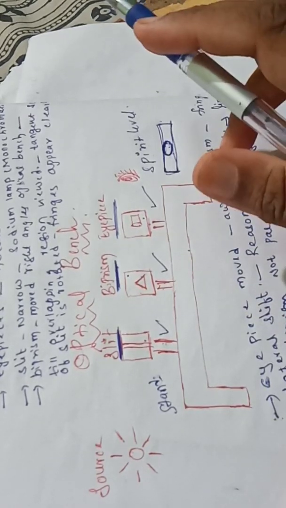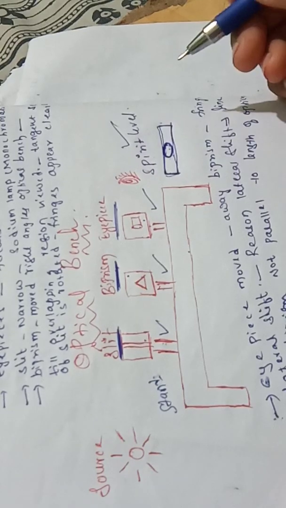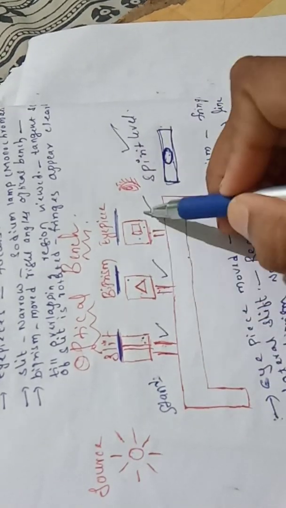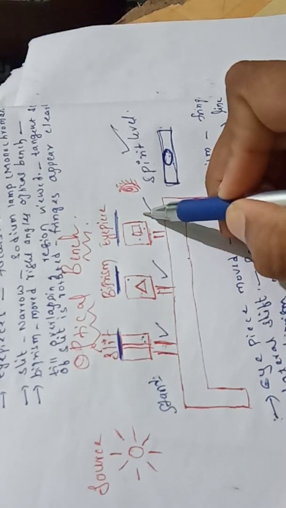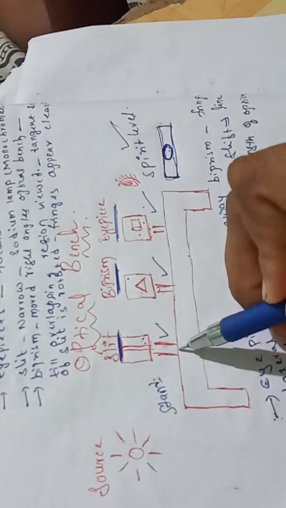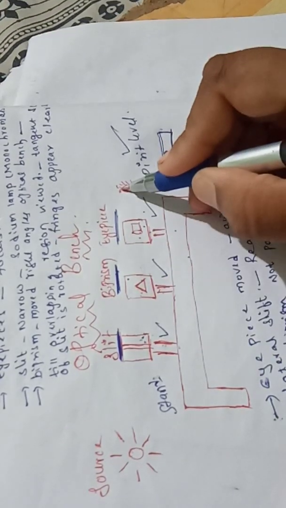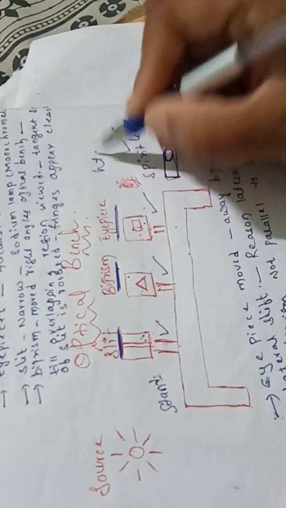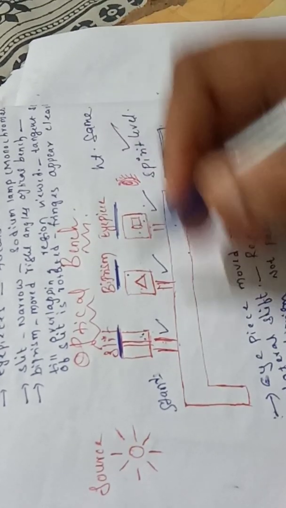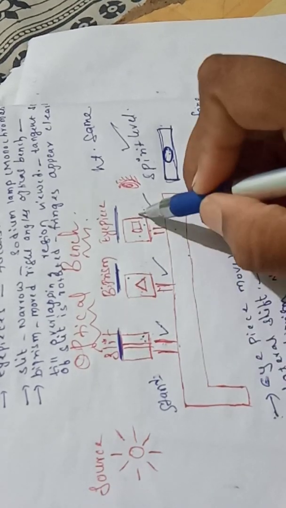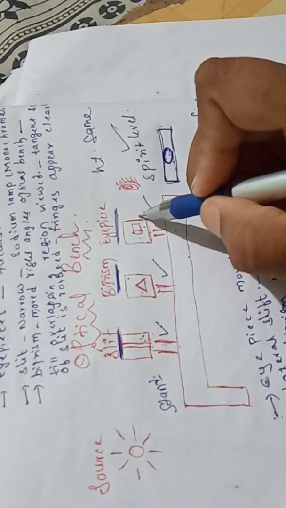So the first step, by using the spirit level, we will adjust these 3 stands parallel to this optical bench, and we will arrange these 3 stands at the same height. The height must be the same. Okay.